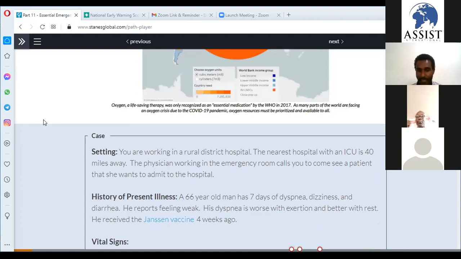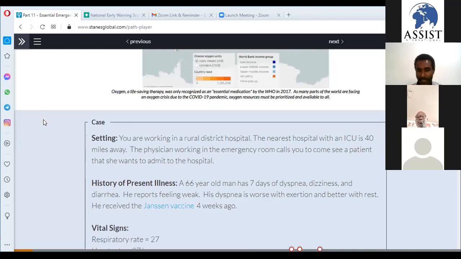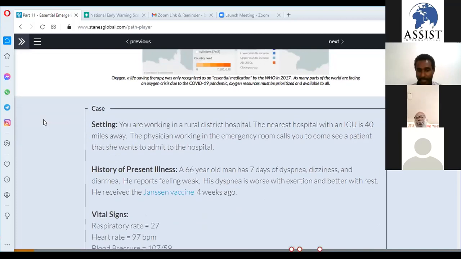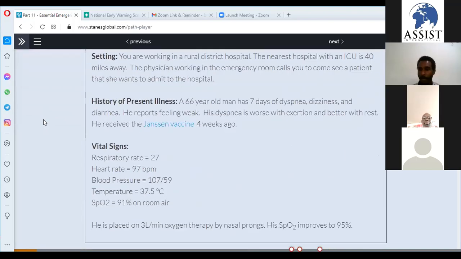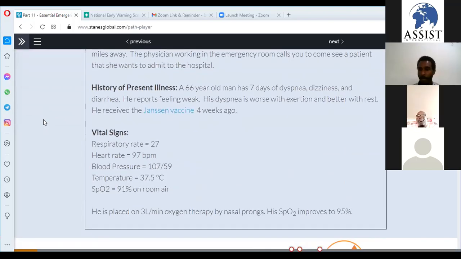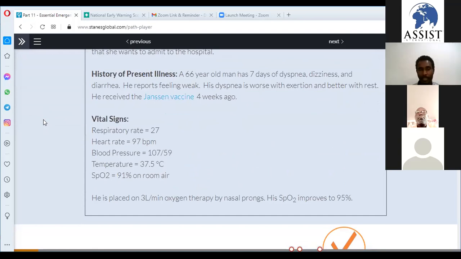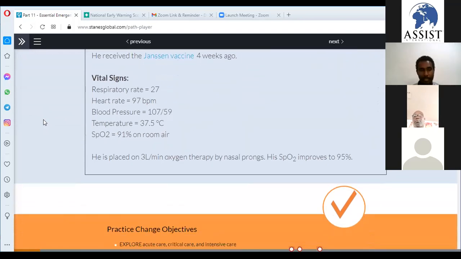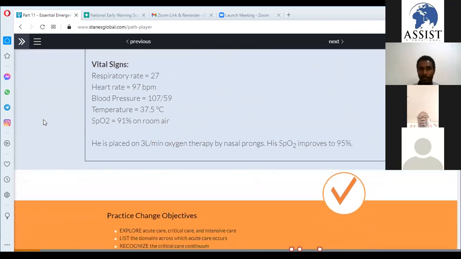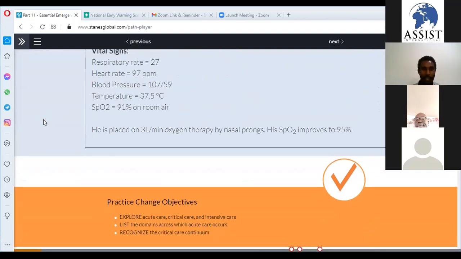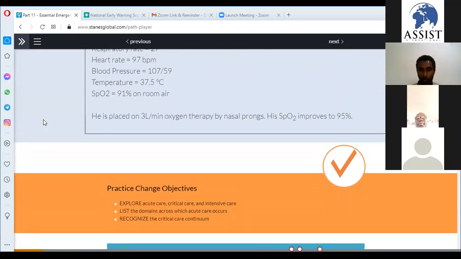He reports feeling weak, and his dyspnea worse with exertion and better with rest. He received the Janssen vaccine 4 weeks ago, and upon examination, you get the vital signs as respiratory rate 27, heart rate 97, and BP is 107/59, and the temperature is 37.5, and just maintaining saturation of 95% on room air.